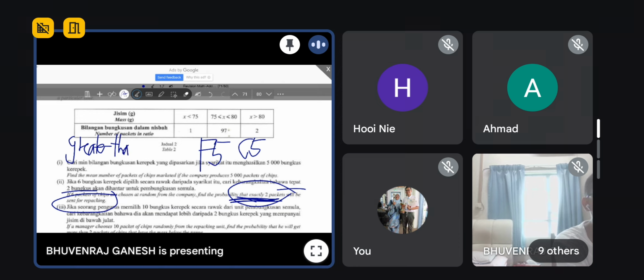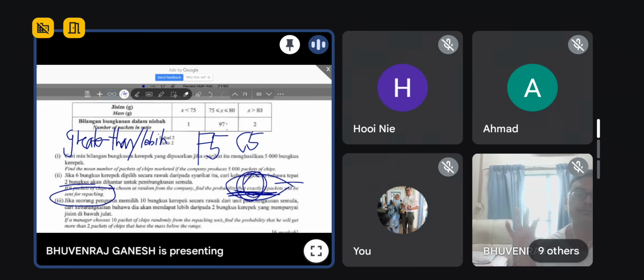Am I right? Because in normal distribution, taburan normal, kamu akan ada julat nilai. You will have a range. But for binomial distribution, you will see the word exact, which means equal to, sama dengan. You don't see this in normal. Kamu tak nampak yang ni.